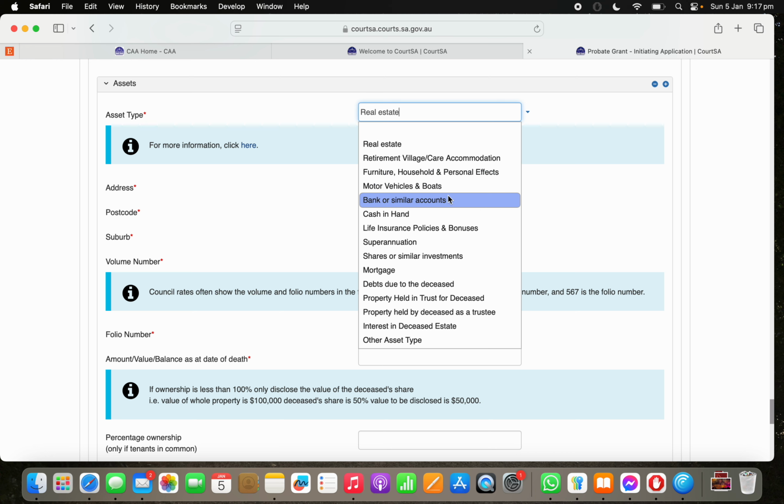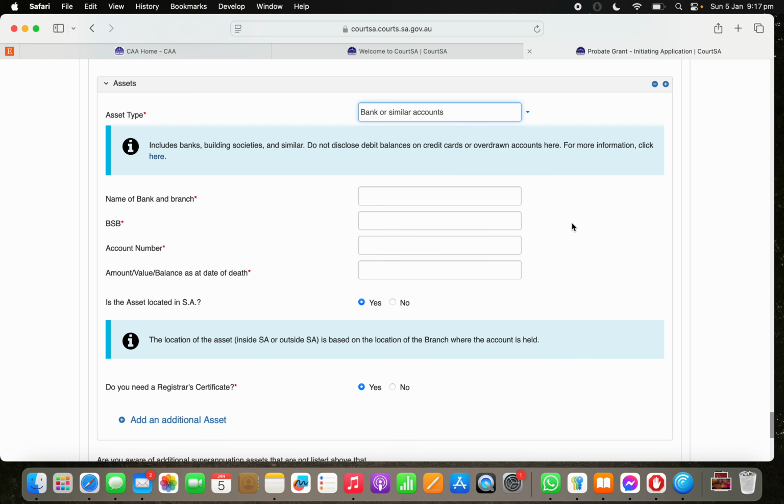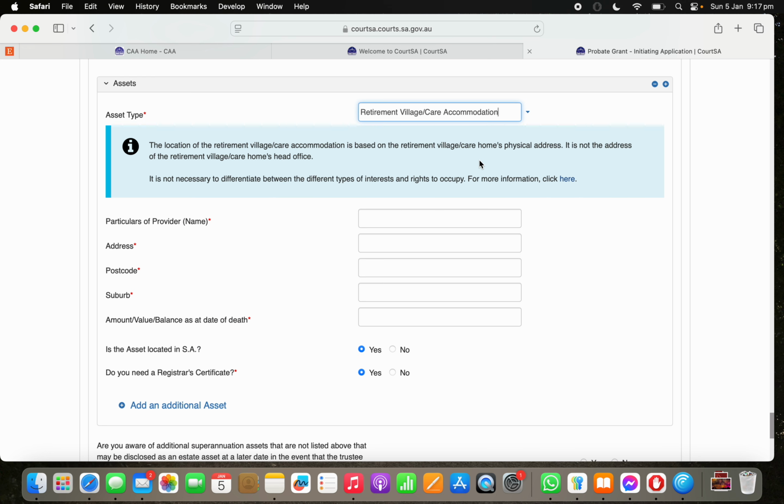Now, bank accounts, please include the name of the bank and the branch location. Retirement villages and care accommodation. So for this, you'll add the provider name such as Estia, but for the address, make sure that is the address of the location of the nursing home they were in. It doesn't need to be the head office address.